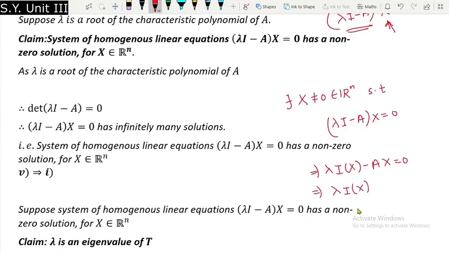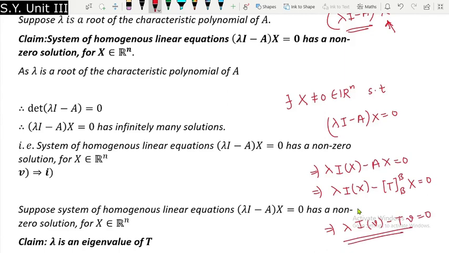Now what is A? Remember, A is the matrix associated with T with respect to any basis. So I have used that value, and this will imply lambda Iv minus T of v is equal to 0.